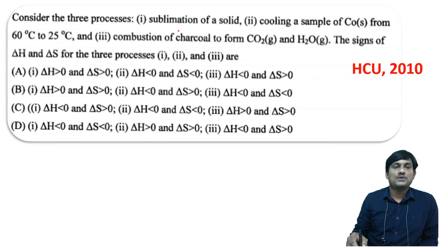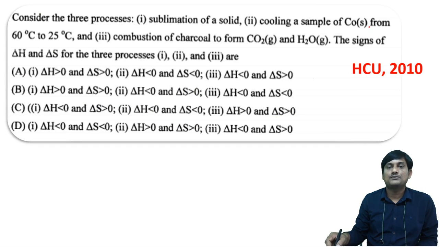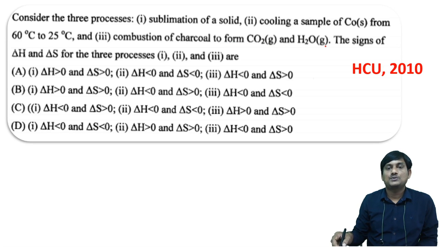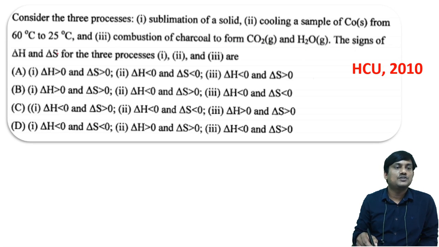Consider the three processes: sublimation of solid, cooling a sample of cobalt solid from 60 degrees centigrade to 25 degrees centigrade, and the combustion of charcoal to form CO2 and H2O gas. What are the signs of delta H and delta S for the processes? Sublimation, solid converts into gas, so it needs heat.